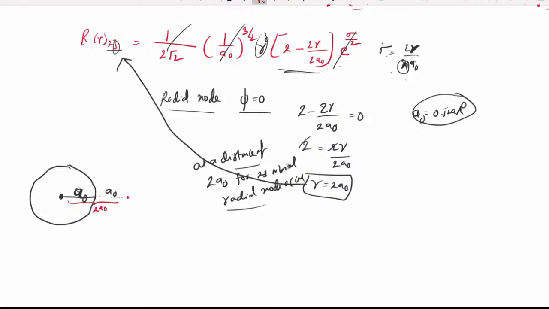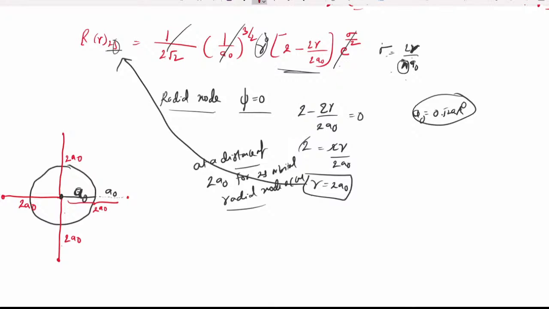Just now I said at 2a naught the electron density is 0. So at a distance of 2a naught from the nucleus, electron density is 0.